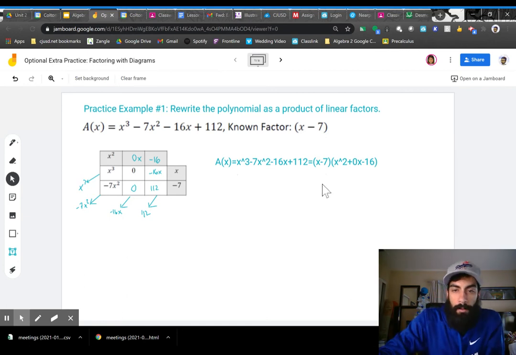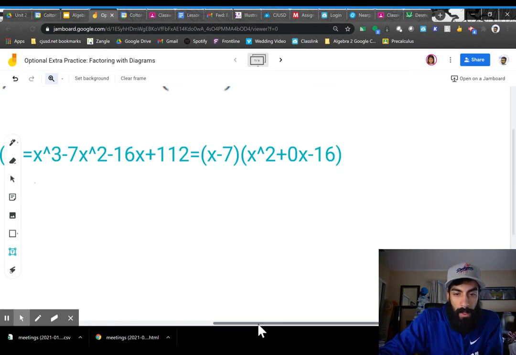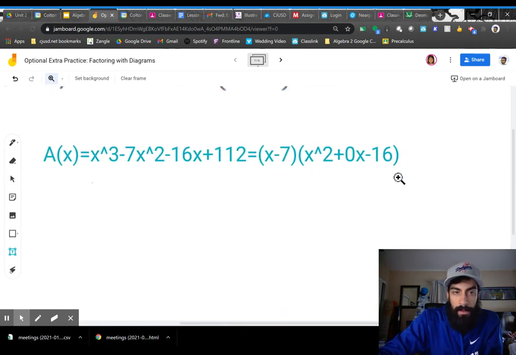All right, so we have it as a product of factors. But the thing is, we want a product of linear factors. When we look at this, this factor right here, x squared plus 0x minus 16, is not linear. This factor is in fact quadratic because the highest exponent is 2. It's got a degree of 2.